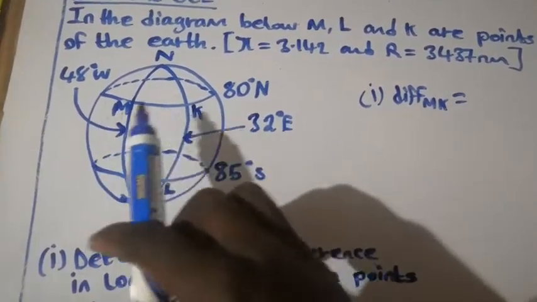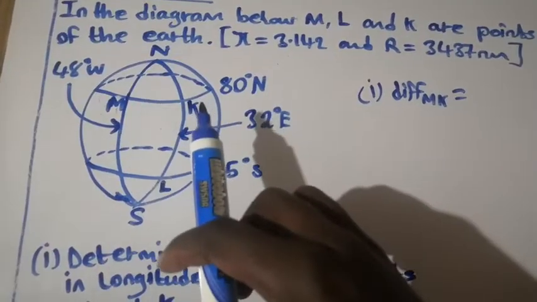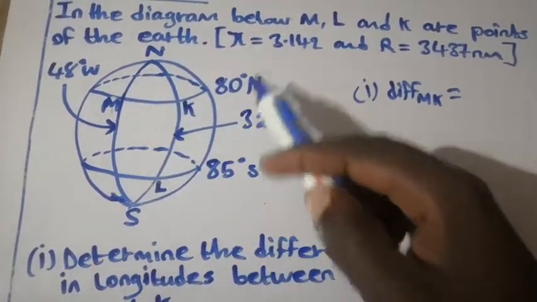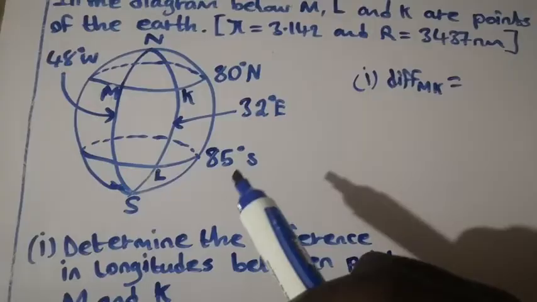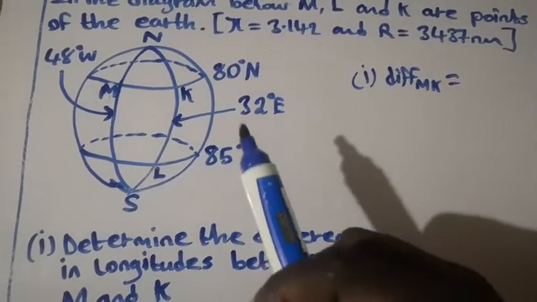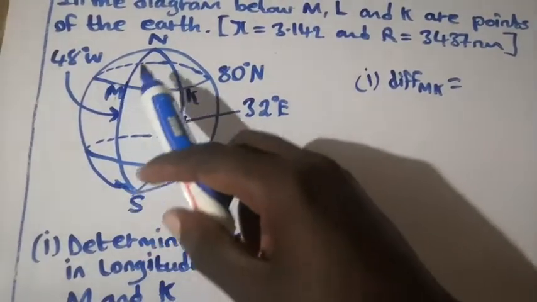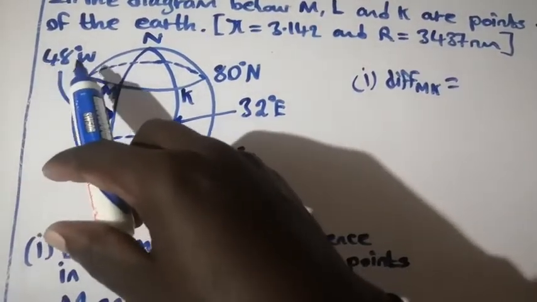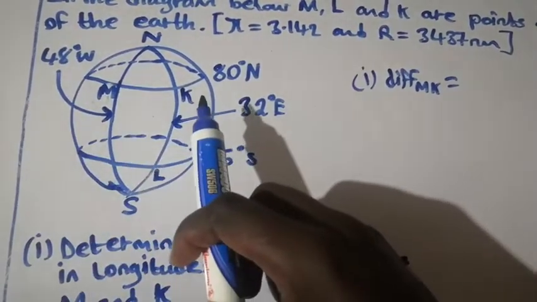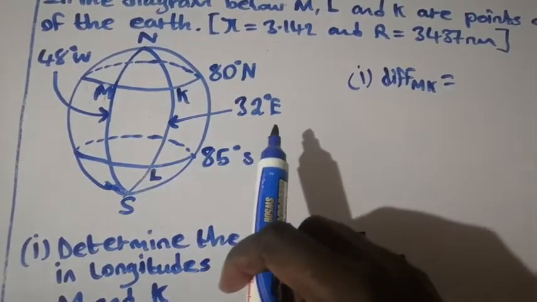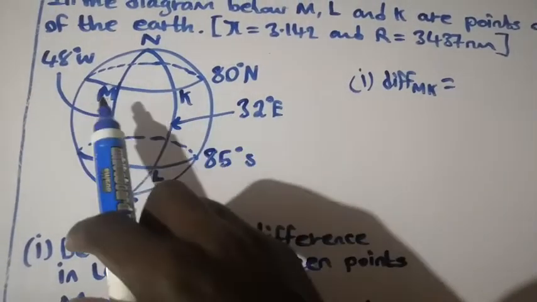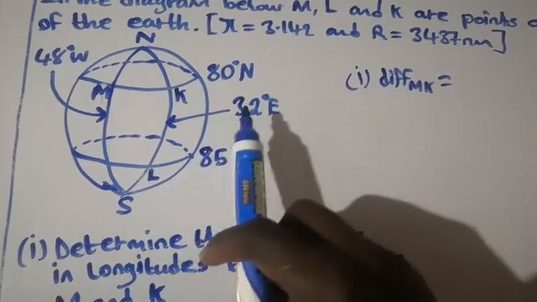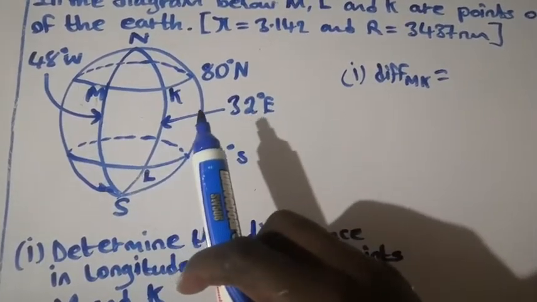The letters are coming from the circle of latitude, so the difference will come along the circle of longitude as the question specified. M is 48 degrees west, then K is 32 degrees east. The two longitudes are from different hemispheres, so we need to add.